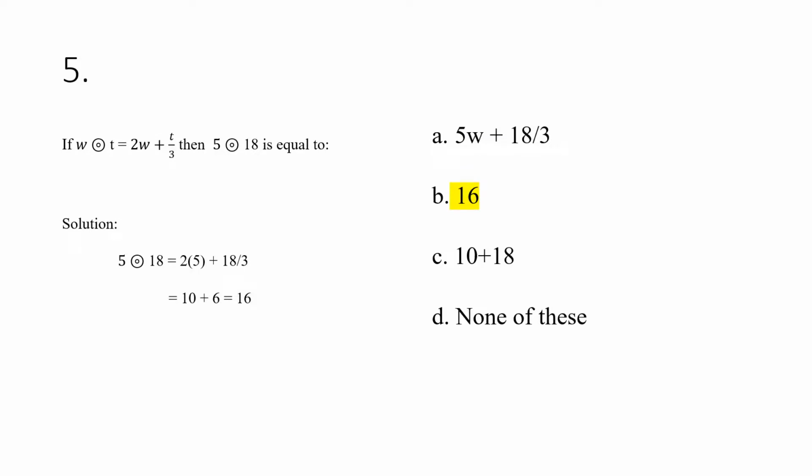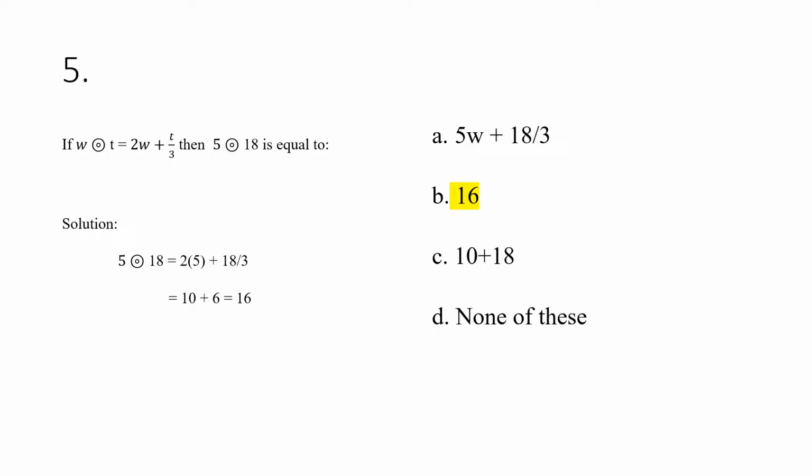Number 5, we're given an operation signified by a symbol, with that operation, W operation T will be equal to 2W plus T divided by 3. Then we're asked to find the value of 5 operation 18, and this one will be equal to, just follow the given operation.